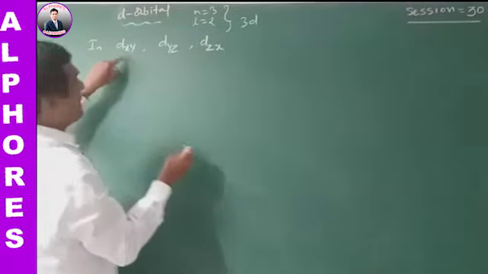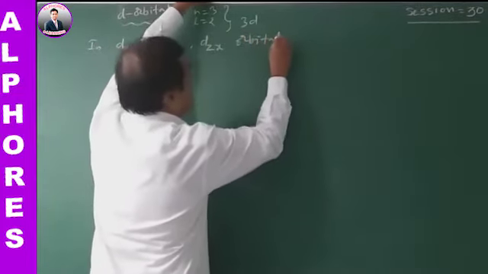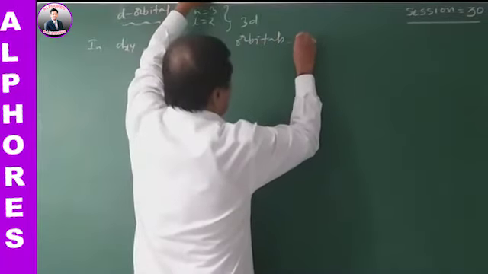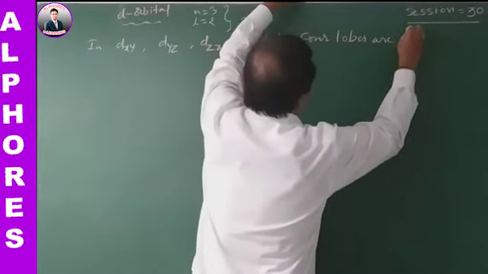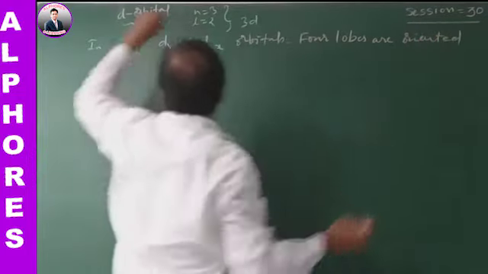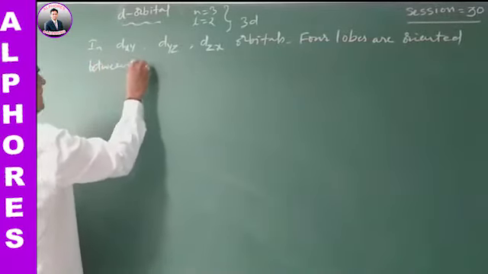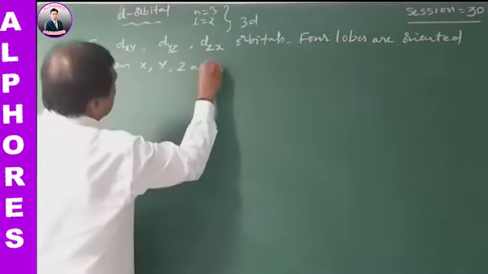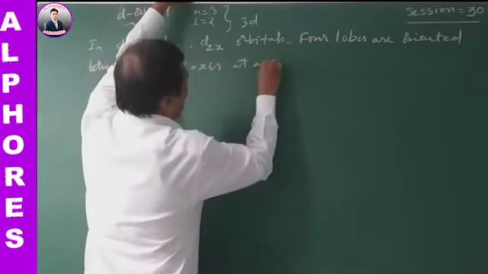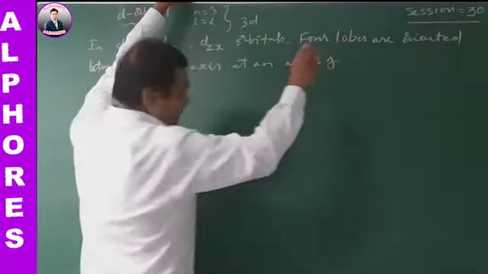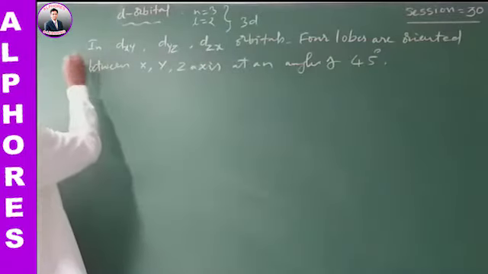In dxy, dyz and dzx orbitals, the four lobes are oriented between the x, y, z axes at an angle of 45 degrees. That is a very important point, the first point we should remember.